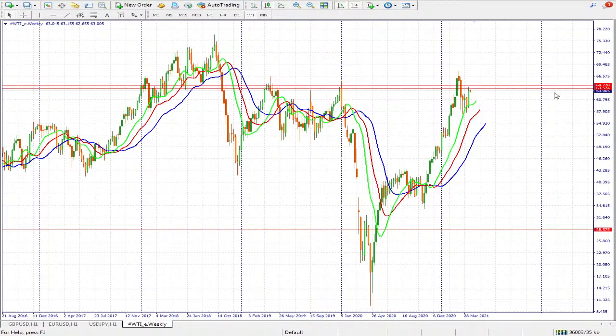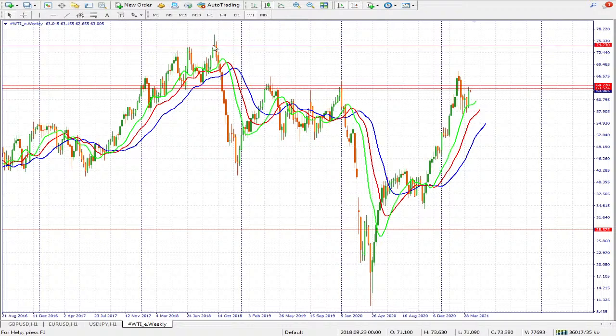So as it is now, 64.778, 63.574 is a very good zone. If the price can successfully break beyond 64.778, then that may mean we are now continuing upwards at least up to 74.230.